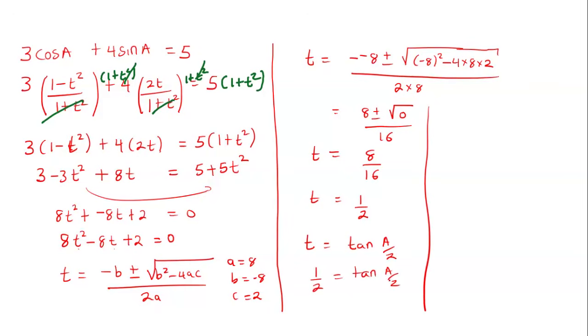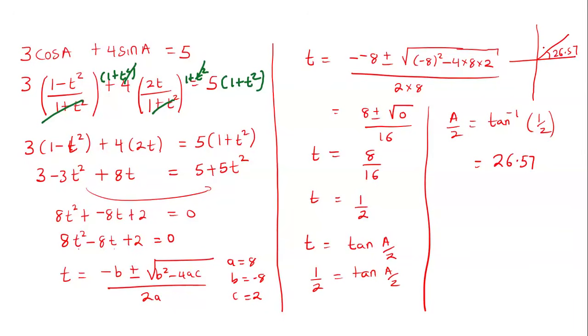So what are we going to do? We want to obtain this angle. So we shall say A over 2 will equal tan inverse of a half. So you place your calculator. What is tan inverse of a half? It is 26.57. But remember here, it is not only that angle, because now I don't want you to cram. Next time you'll find that the first angle is here, which is 26.57.